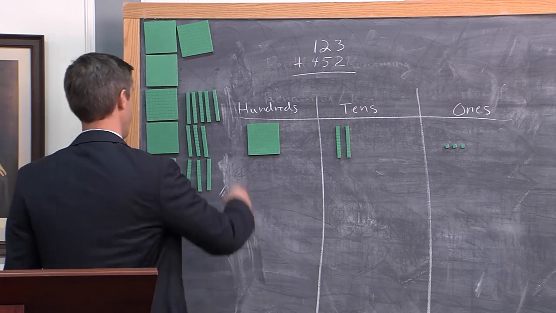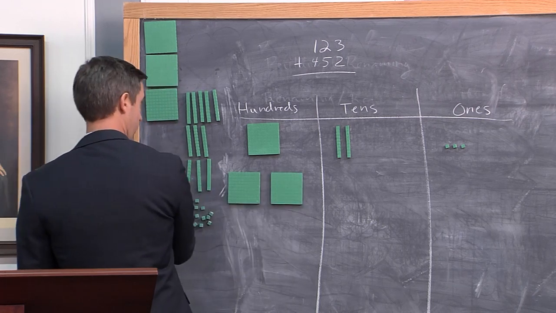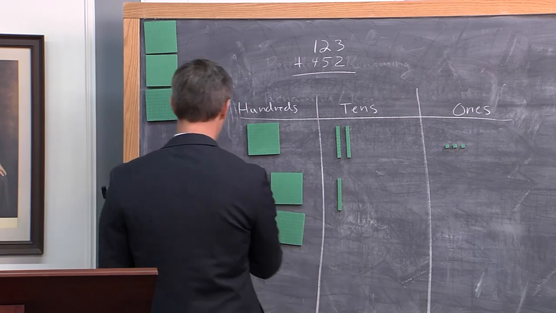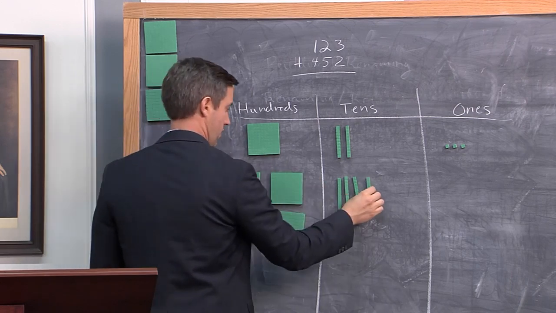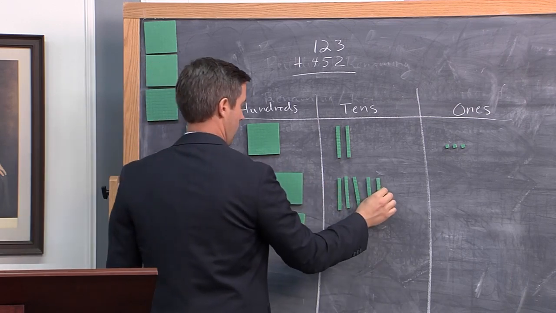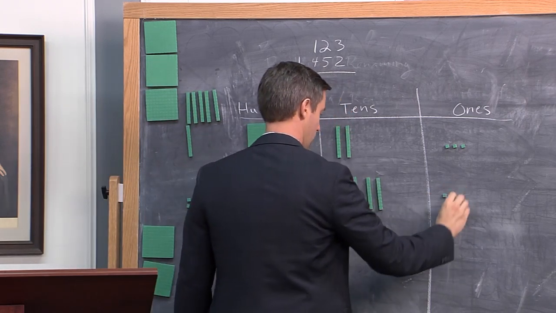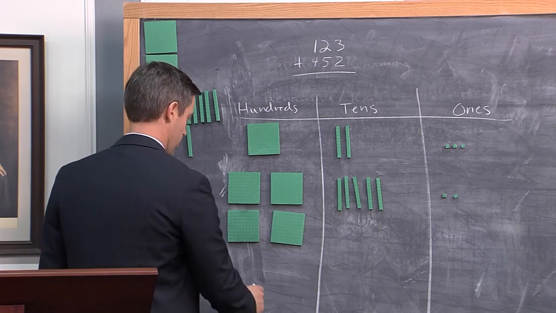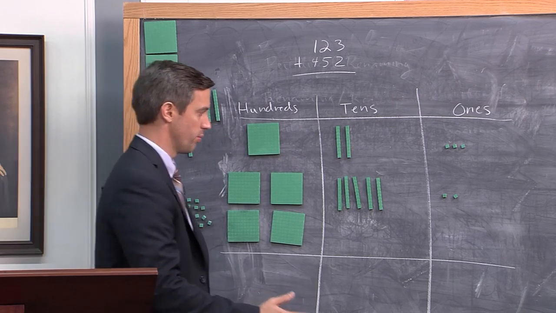Show me 452. So then they say 4 hundreds, then you have 5 tens, and 2 ones. Okay, and again, we're not renaming, we're not regrouping this one, so they should be understanding that now we're going to combine these.